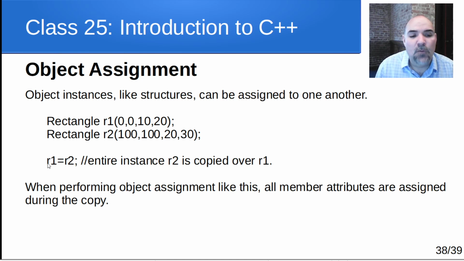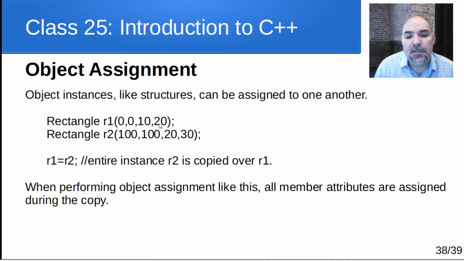So you can assign one object to another without having to do some weird memcpy or something like that. We can just say R1 equal R2, and now we've made a copy. R1's values will now be 100, 100, 20, 30, where they started out as 0, 0, 10, 20.